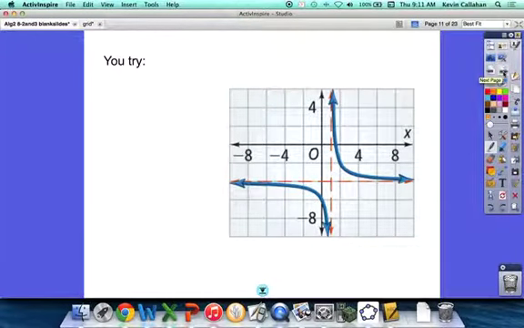Okay, then try to do the same thing. Start with 2 over x, and then just put in the right numbers according to this graph. There's another piece of paper to be turned in.